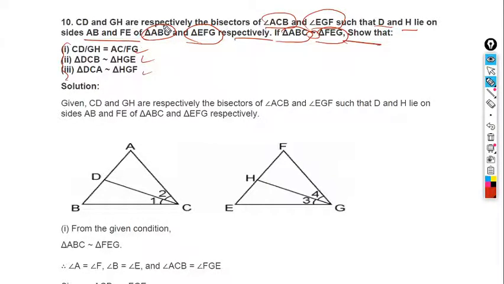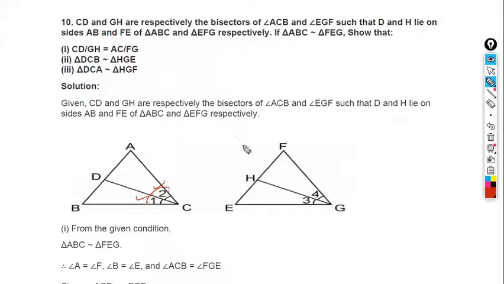CD and GH are respectively the bisectors of angle ACB and angle G. Here you can see CD is the bisector of angle ACB, that means angle 2 is equal to angle 1.